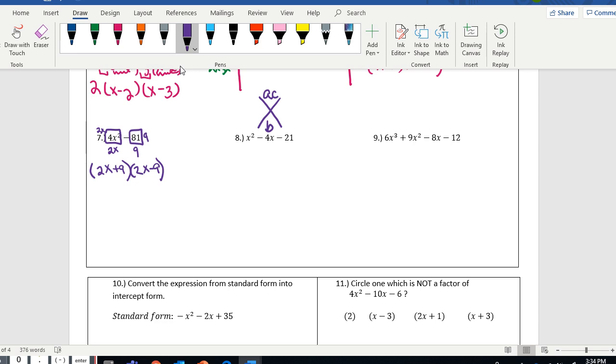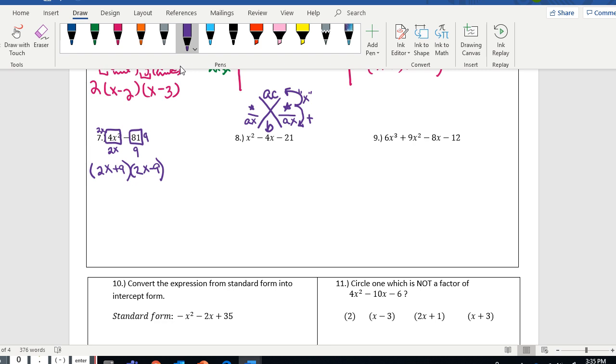We're still going to find A, C, and B. This time, once you know what they are, you're going to set this up and do AX, AX, and you're going to find these little numbers here and here. Now, these two little stars, these multiply to give you AC, but they add to give you B. Multiply, not an X, multiply to give you the top, add to give you the bottom.